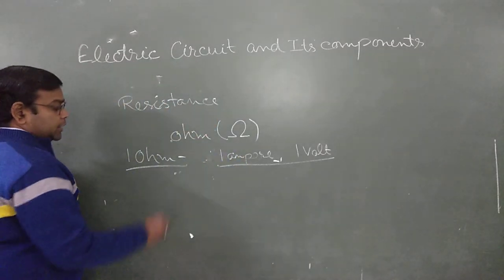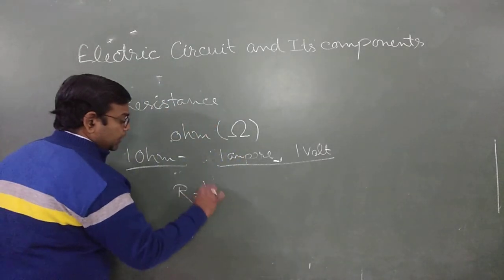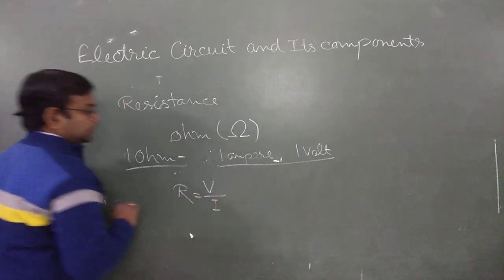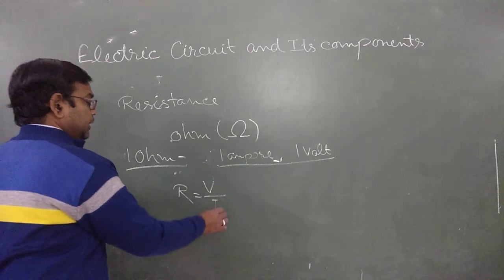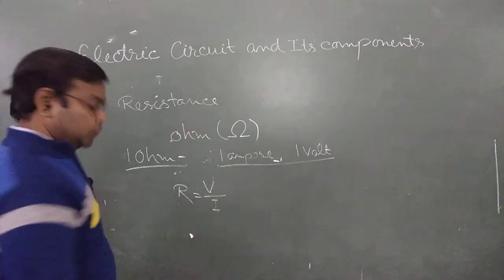Generally, this resistance has formula R = V/I, where V is volt, I is current in ampere, R is the resistance in ohm.